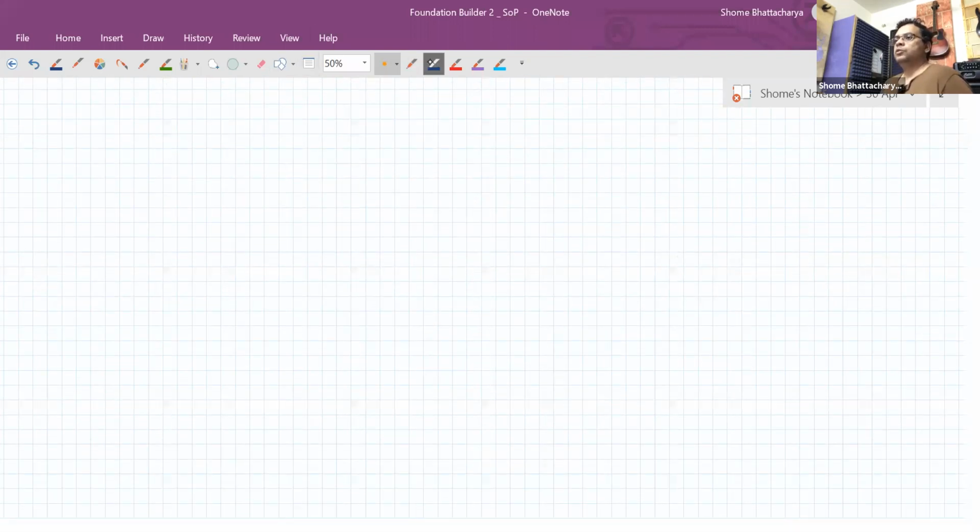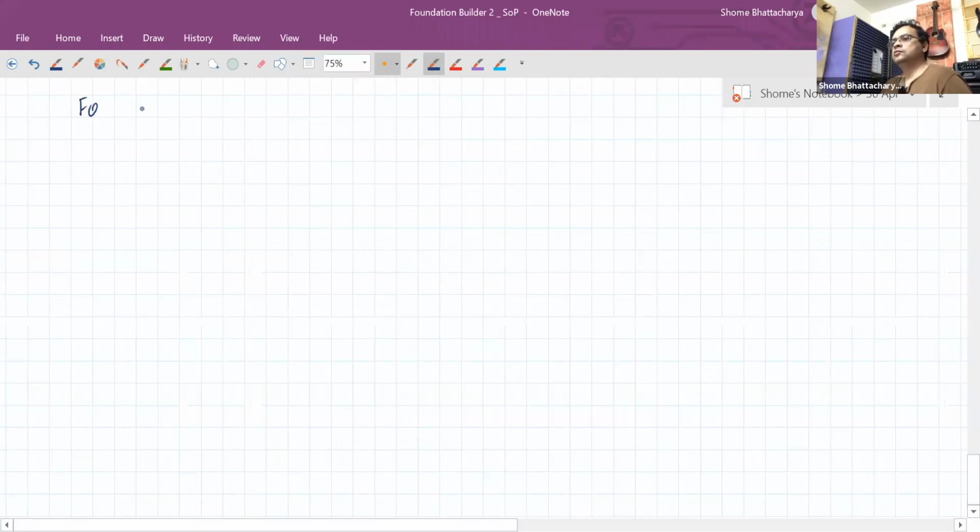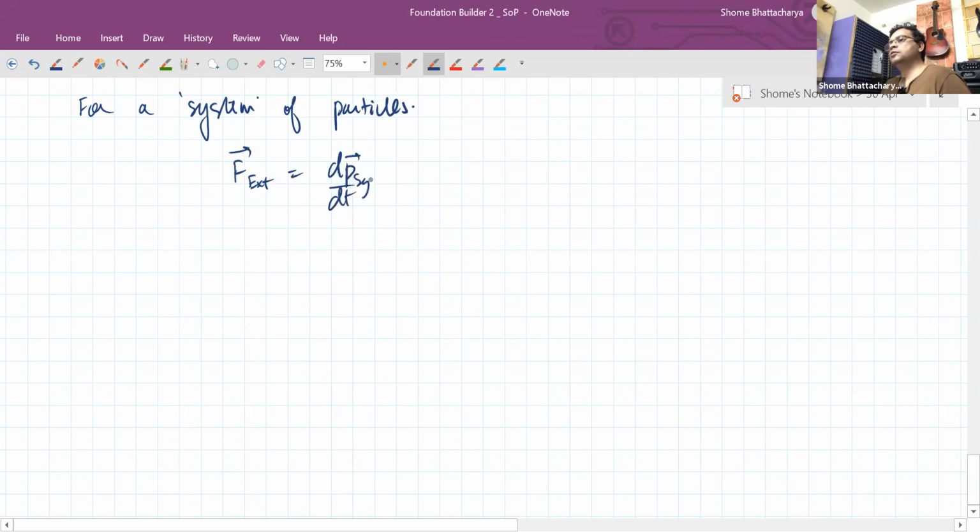Okay, so now talking about a system. For a system of particles or system of mass, we know that the net external force is equal to rate of change of momentum of the system. We also know that the momentum of the system is defined as total mass into velocity of center of mass, or it is the sum of momenta of the individual particles of the system.